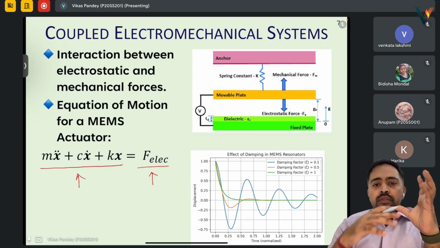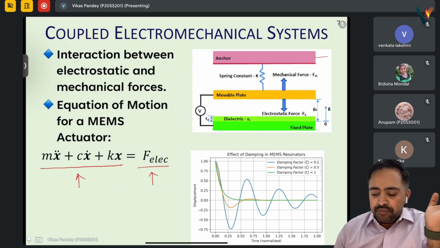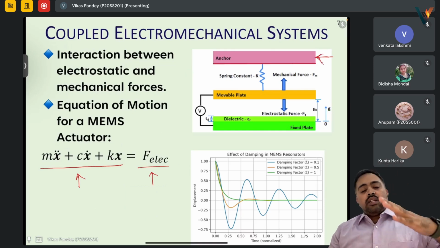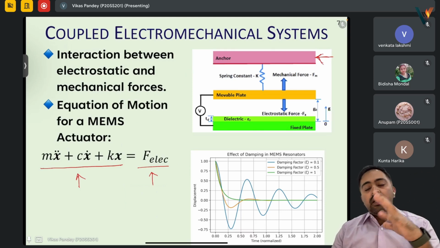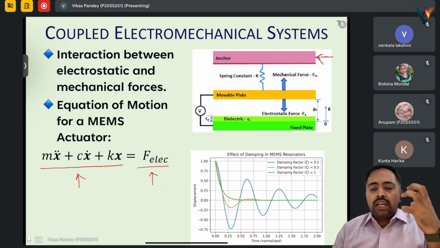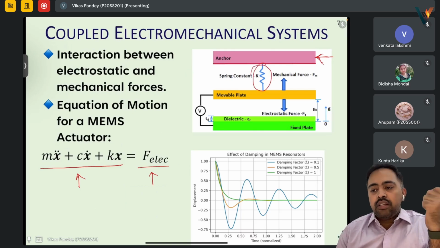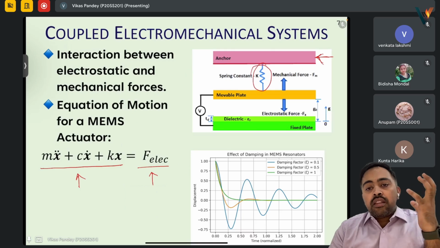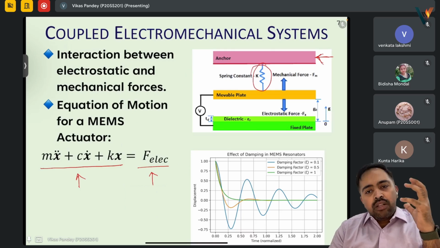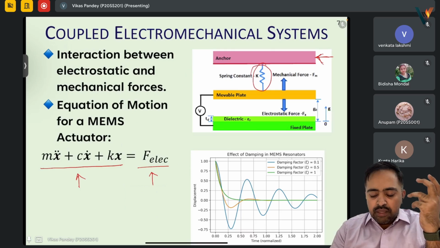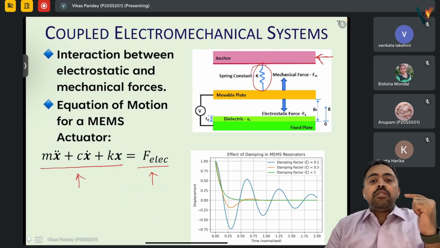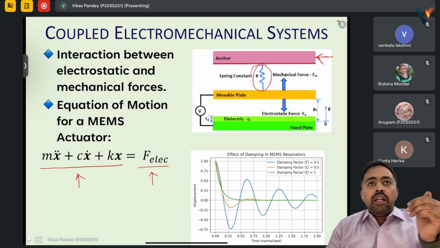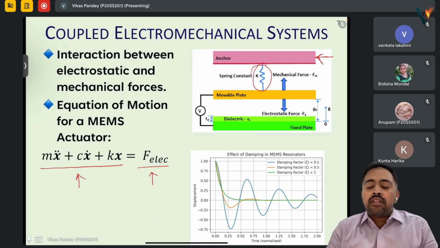So if we see a structure where we have anchored it, whatever structure we have made has some spring constant, since it is silicon. Sometimes even these structures are made using silicon nitride, and they have some mechanical properties. They will have a tensile strength, everything.